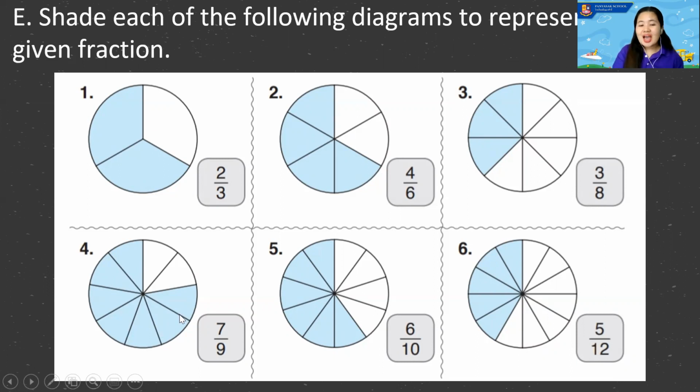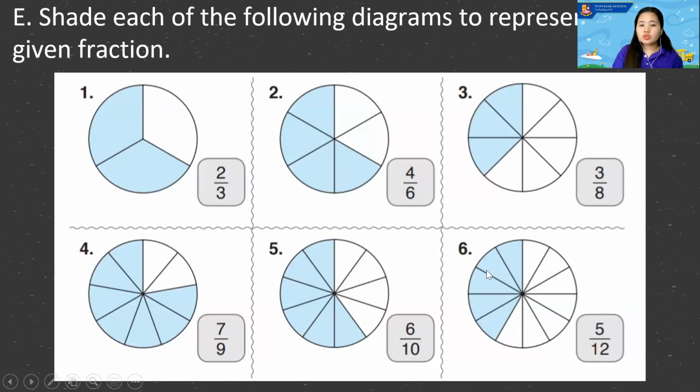Okay, very good. How about number 5? 6/10. So how many will you color? 6. So 1, 2, 3, 4, 5, 6. Good job. Then last one, 5/12. So how many will you color? That is 5.